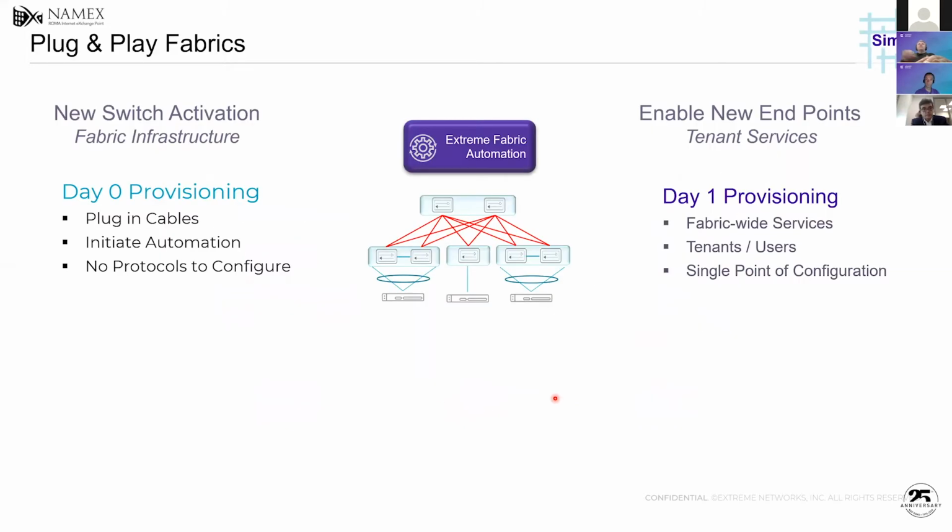So if you look at the life cycle in a data center, there are a couple of very different things that you have to do. So first of all, you have day zero provisioning. That is when you first enable and turn on your network and your data center fabric.